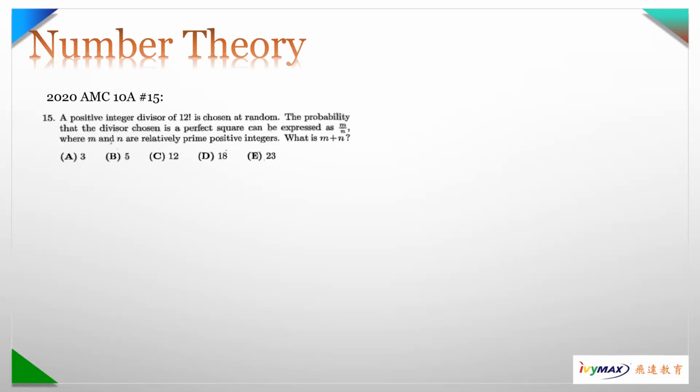Okay, this is question number 15 in 10A. We have a positive integer, and a positive integer divisor of 12 factorial is chosen at random. The probability that the divisor chosen is a perfect square can be expressed as m over n, where m and n are relatively prime positive integers.